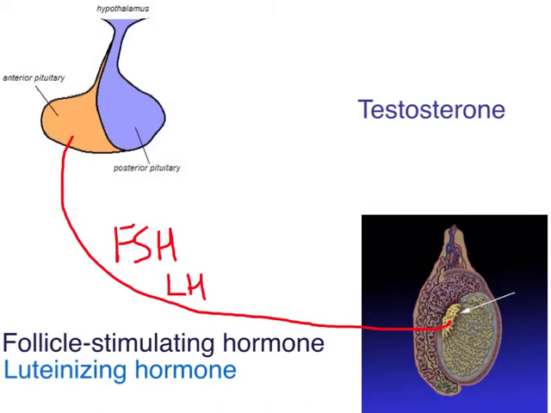Follicle-stimulating hormone initiates the production of sperm, which is kind of important for male fertility. Can't make babies without sperm. The other hormone, luteinizing hormone, is also critical to both sperm production and to the male secondary sex characteristics, in that luteinizing hormone controls the production, and the release, of testosterone.